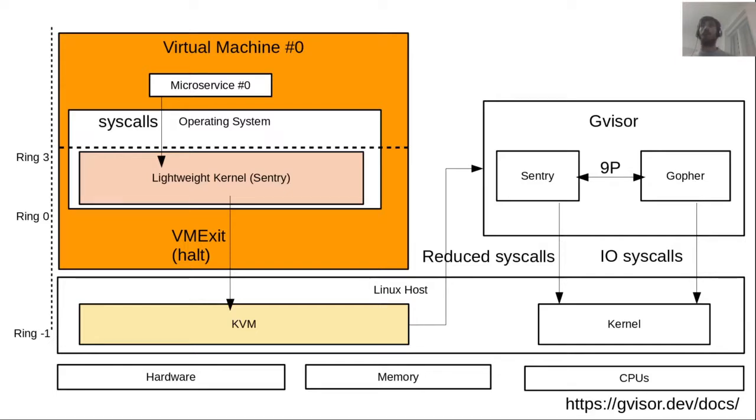These two components interact with the host kernel with a reduced number of syscalls, which shrinks the host kernel attack surface. This approach increases the cost of a syscall, so applications that heavily use syscalls may not perform so well.